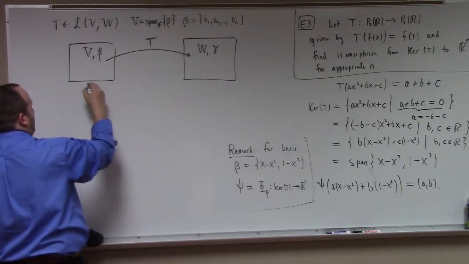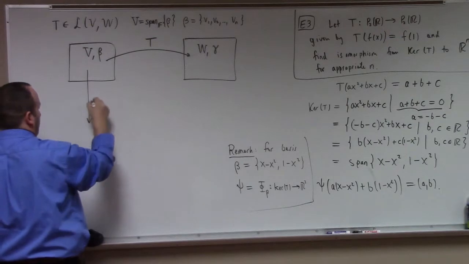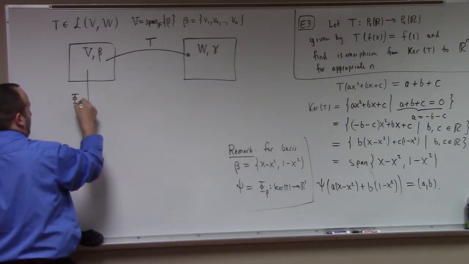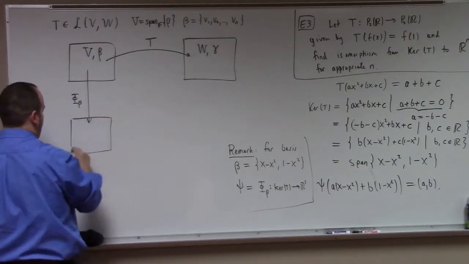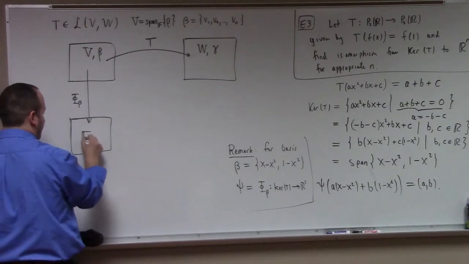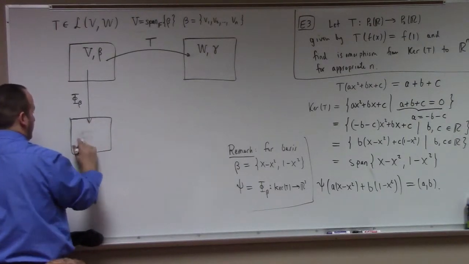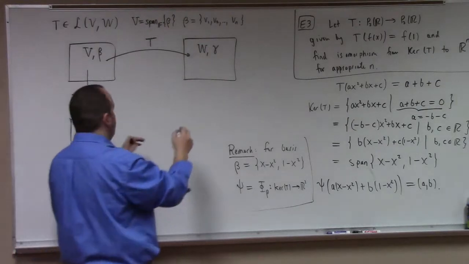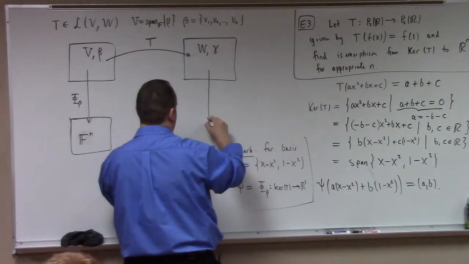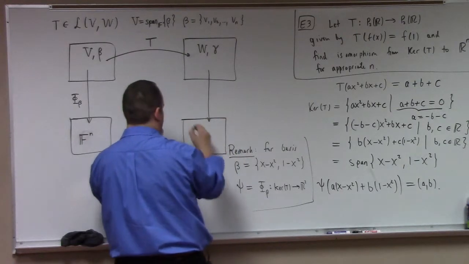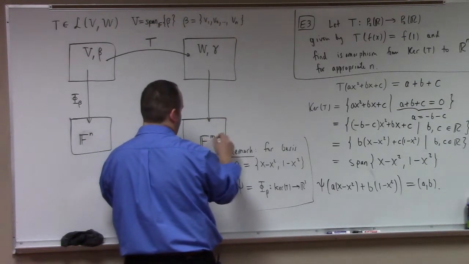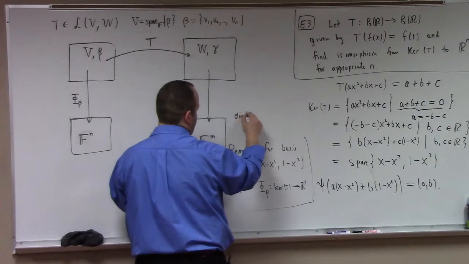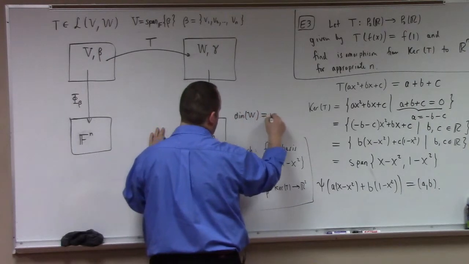So that means that there is a coordinate map, the beta coordinate map down here to F^n. On the other hand, it also means that there's a coordinate map over here down to F^m. Here I'm supposing the dimension of W is equal to m.